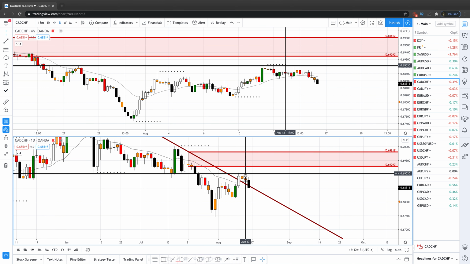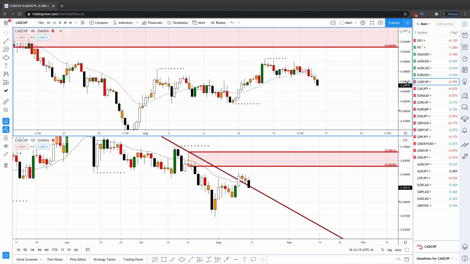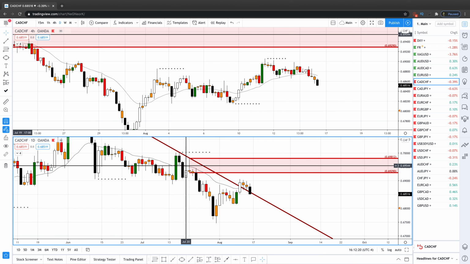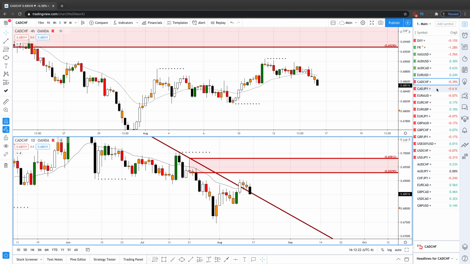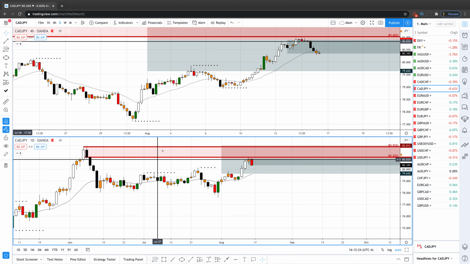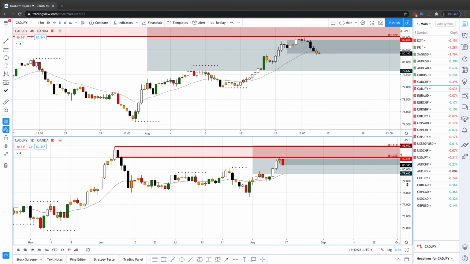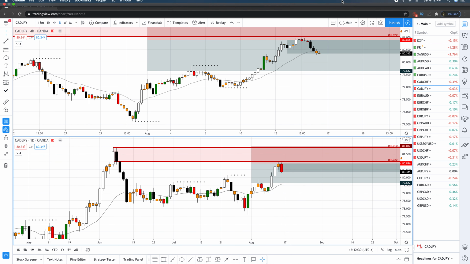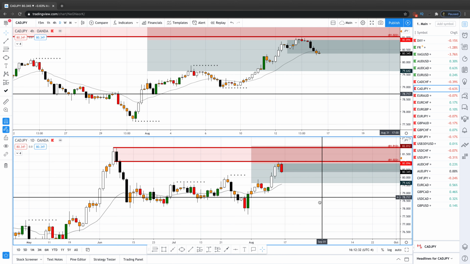Just tag me out. Looks like it's probably working now. I was looking to go short in this area, but not a huge fan of that area, and I actually liked CAD Yen better. This area here, me and another guy, Sakil, I think his name is, we were talking about this in the Discord group.